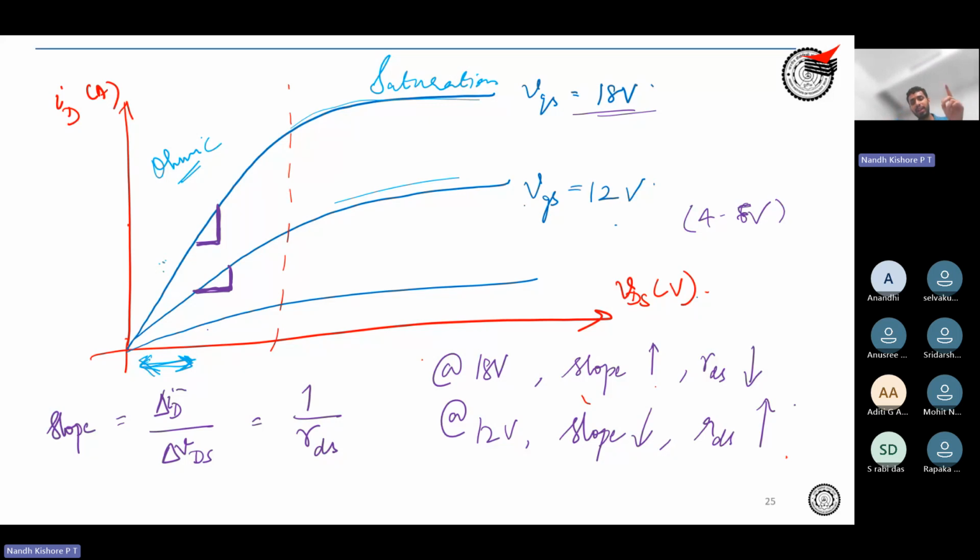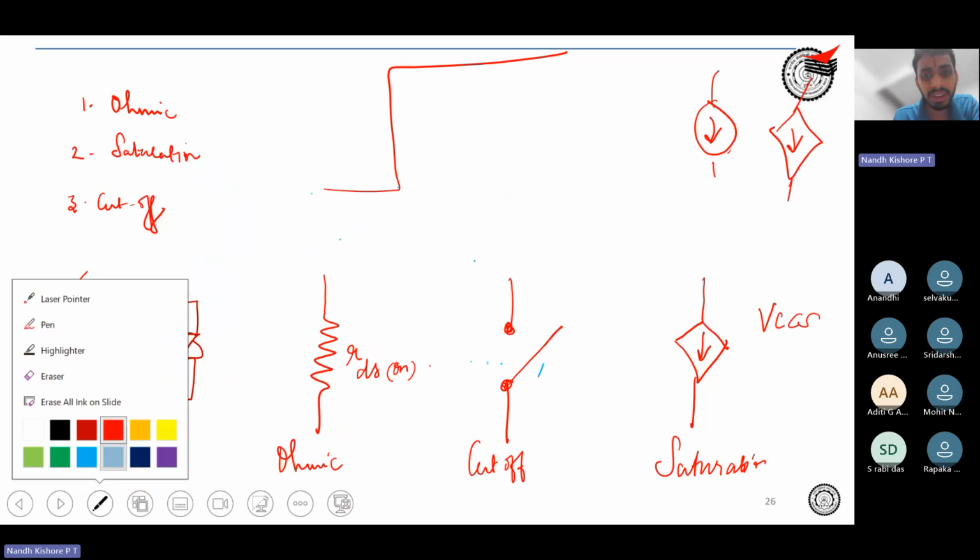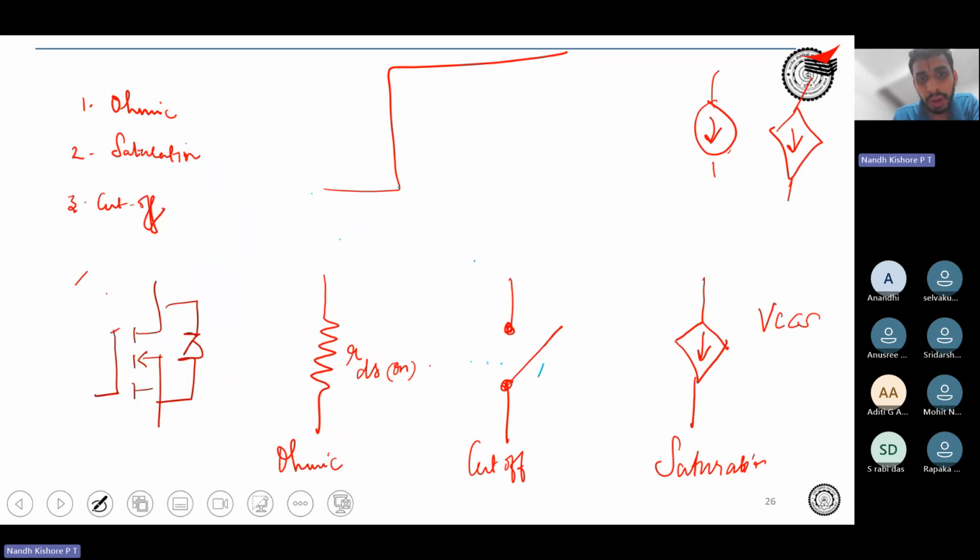But you are right in the sense that when we turn on the device, what would happen? When you give the gate pulses, your VGS would increase something like this.